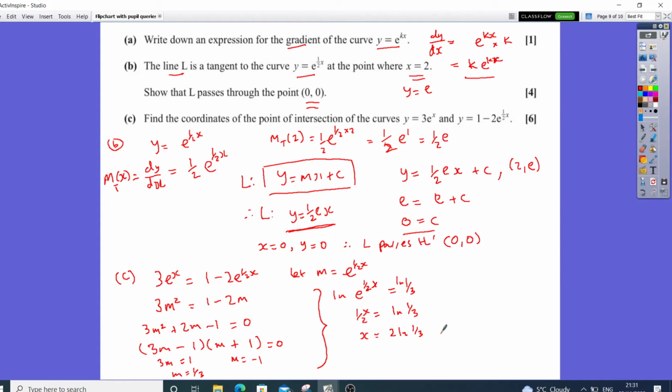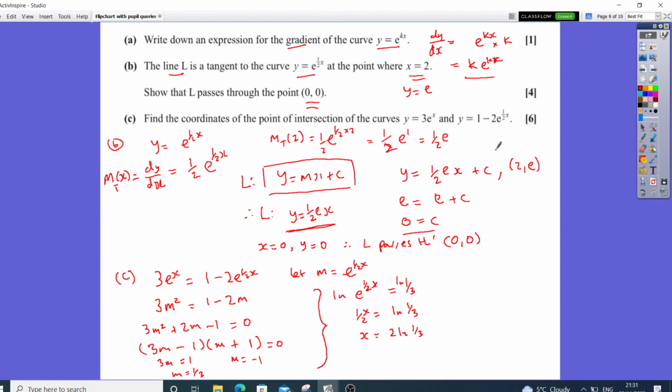Now if we want the y, you plug it in any one of these equations, either that one or that one. I'm just going to put it in this one, just because I know that will go, and then they will cancel.